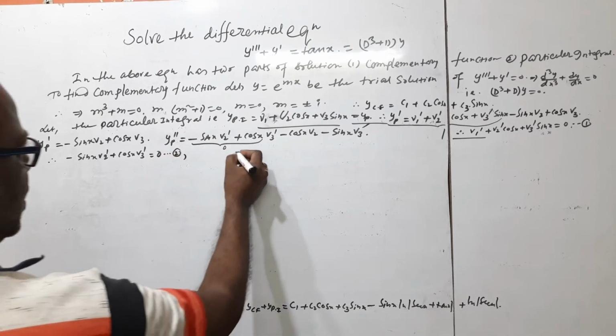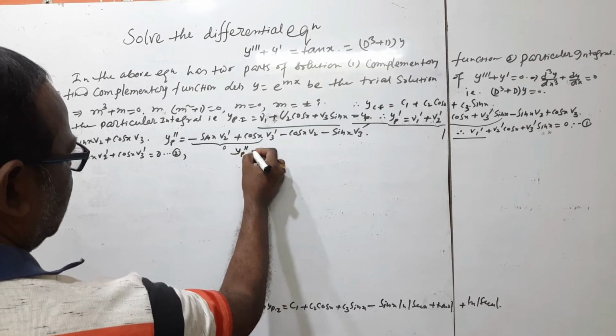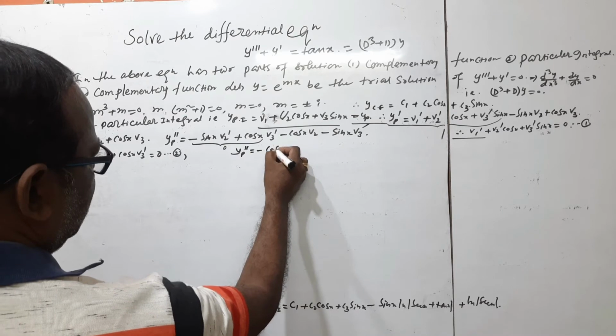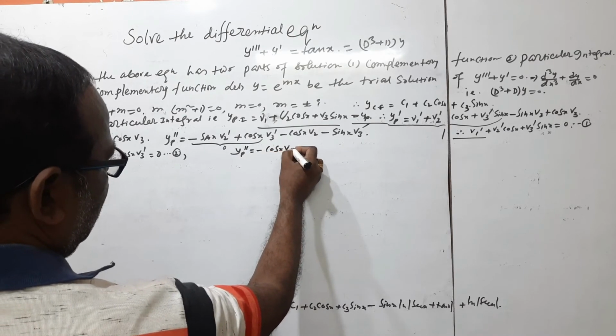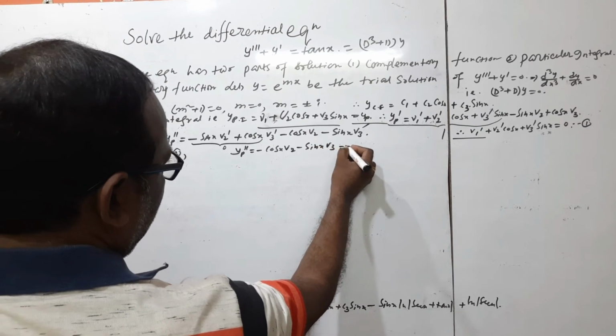Again differentiate, and that is y double dash p is minus cos x v2 minus sin x v3.